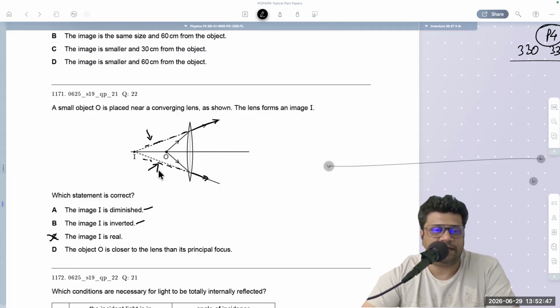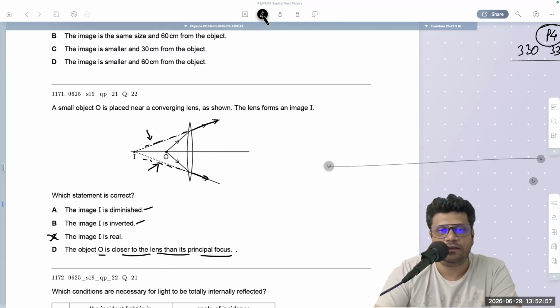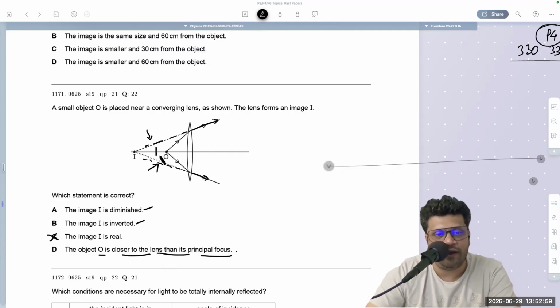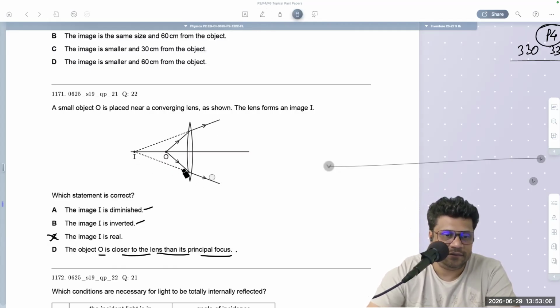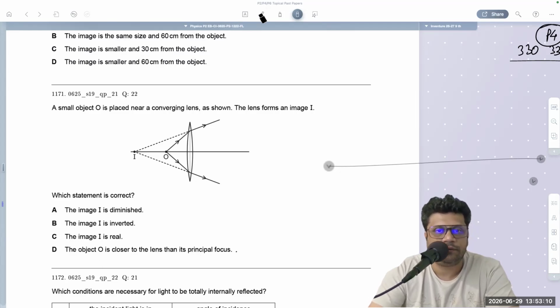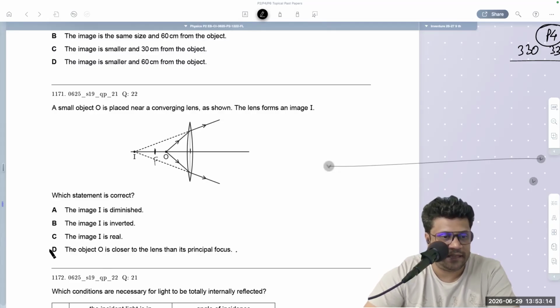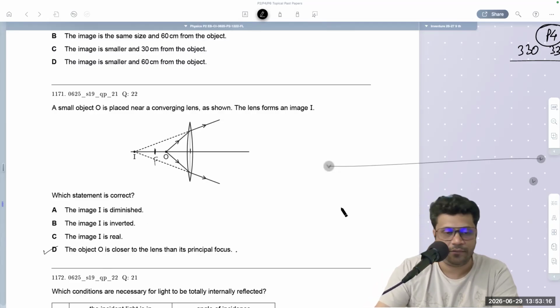And of course, you can actually see the object is closer to the lens than its principal focus. Only then will you have a virtual image being created. The object must be closer to the lens than its principal focus. Then it must be between the focus and the lens. So that's why the option D is the correct one out here.